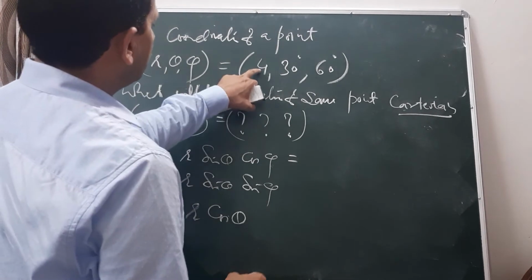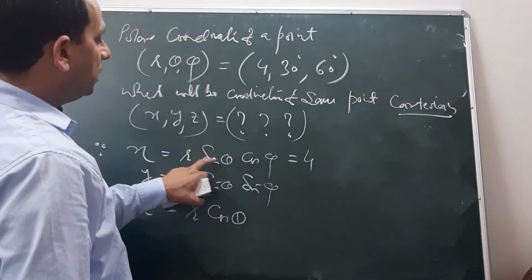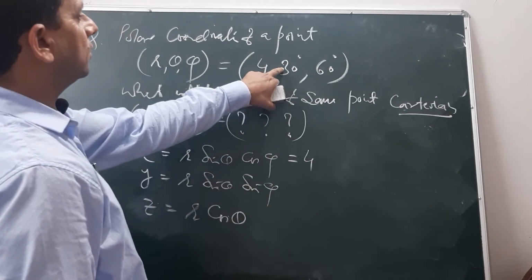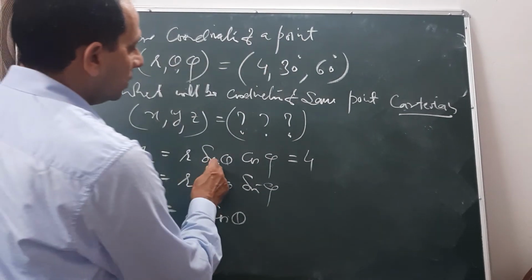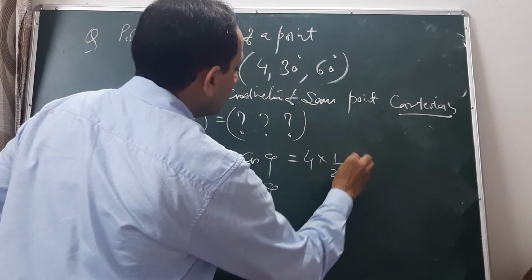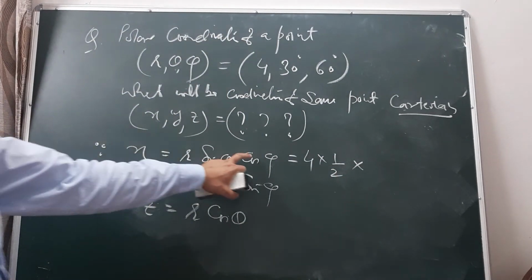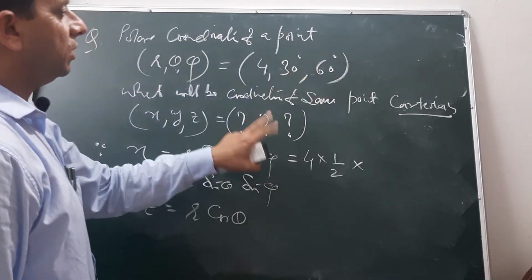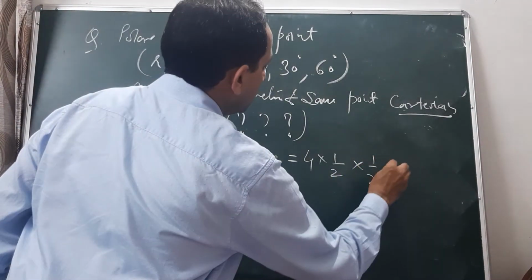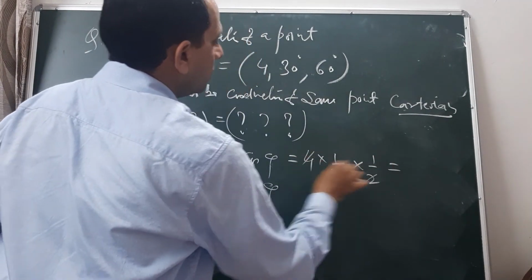r is 4 into sin theta, theta is 30, so sin 30 is 1 by 2, and cos phi, phi is 60, cos 60 is again 1 by 2, so 4 times 1 by 2 times 1 by 2, answer is 1.